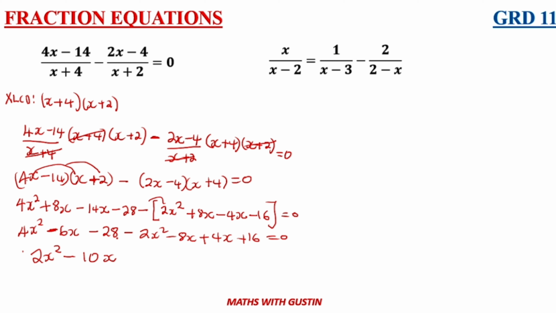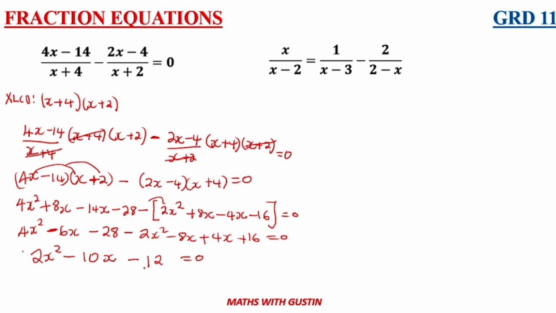Okay, so we're going to have in this case negative 28 plus 16. Negative 28 plus 16 is going to be negative 12.